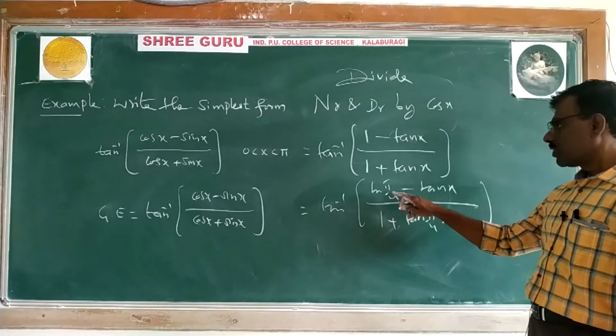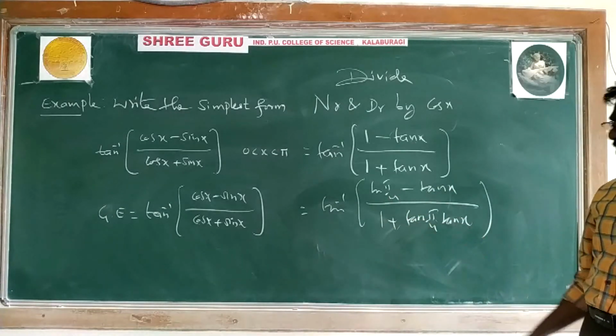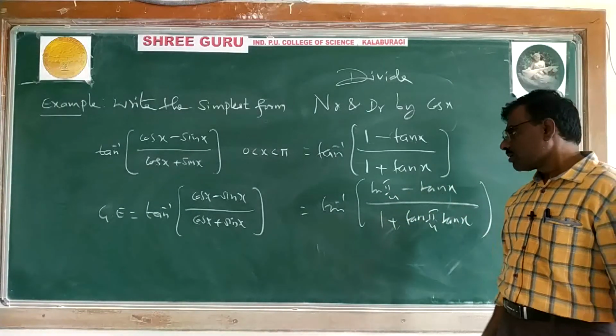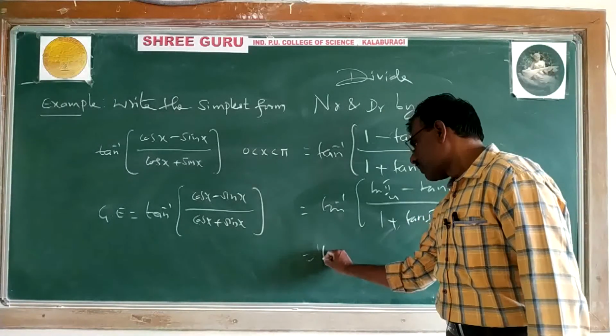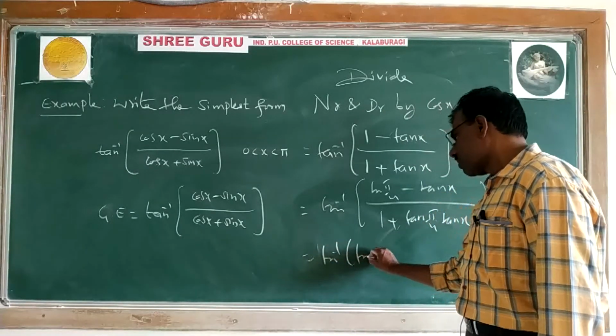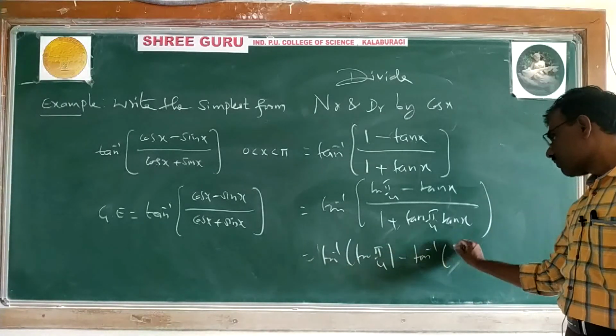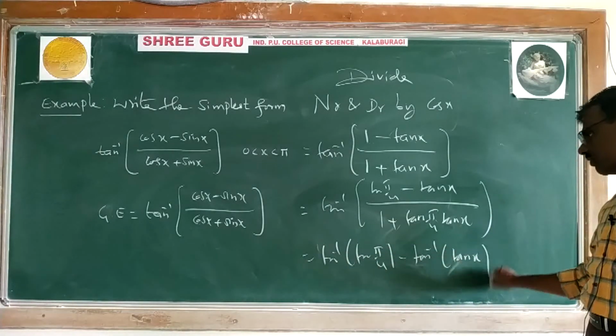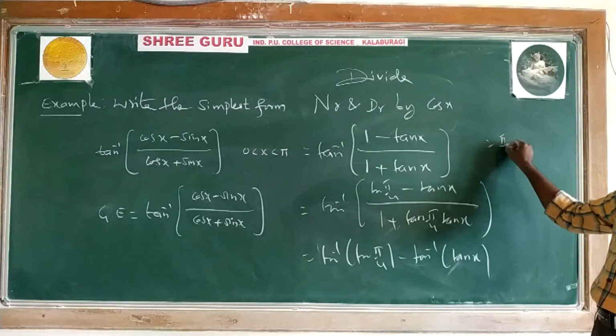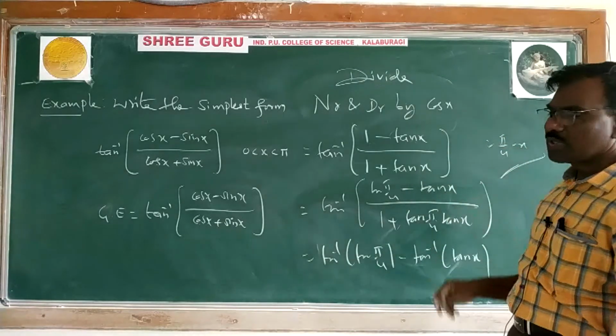Tan inverse of x minus y by 1 plus xy. This is x, this is y. Tan inverse of tan pi by 4 minus tan inverse of tan x. So the answer is equal to pi by 4 minus x. Better than previous.